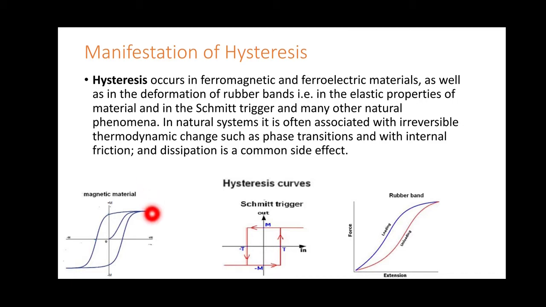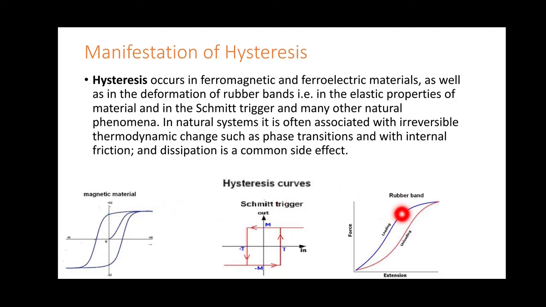But when they try to recover their original position, that is H equals 0 and M equals 0, we see that H first goes to 0 and M remains behind. Both M and H started from the origin, but H reached first and M remains behind.